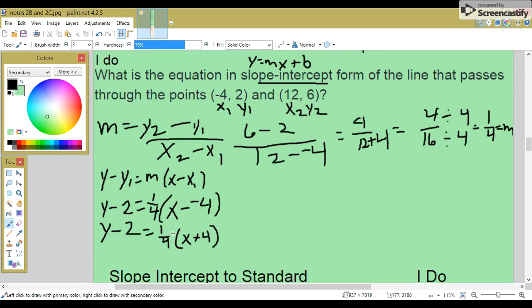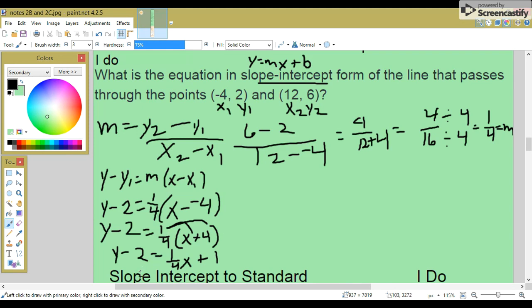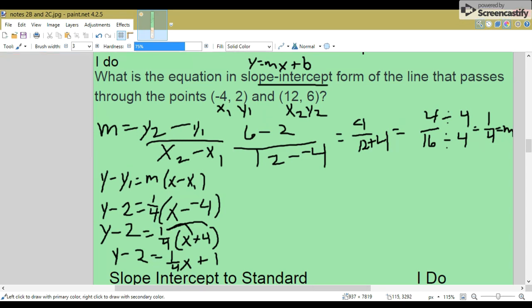Now distribute that 1/4, multiply each term inside the parentheses by 1/4. So we have y minus 2 equals 1/4 x, and then 1/4 times 4 is 4 divided by 4 times 1, which is just 1. From here, we want to add 2 to each expression.